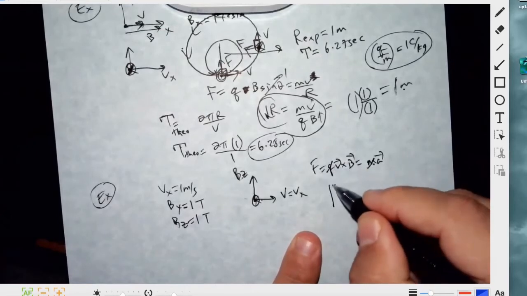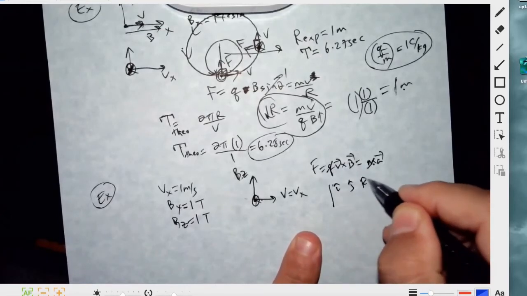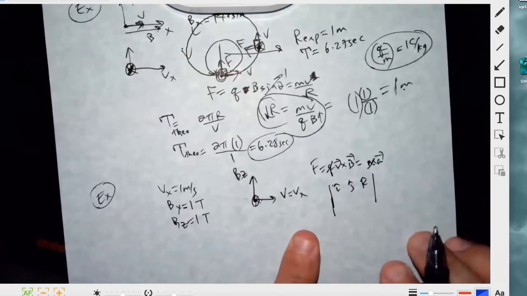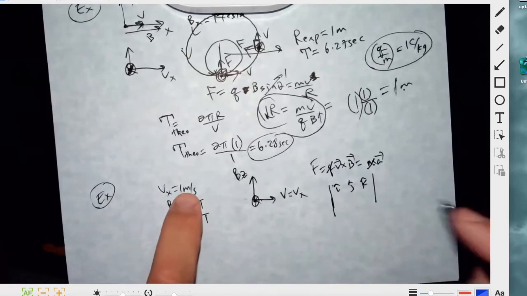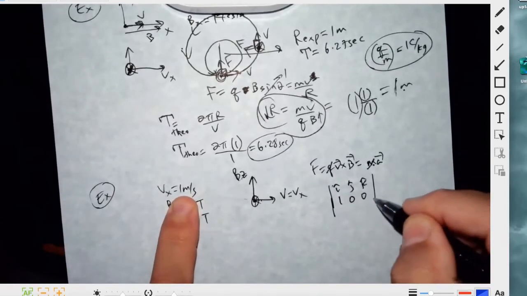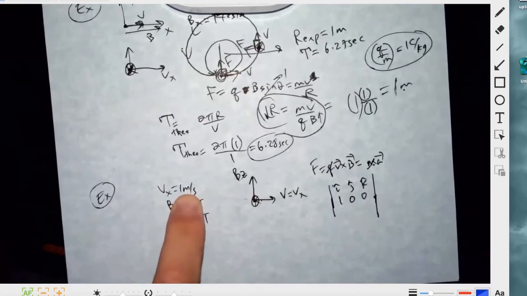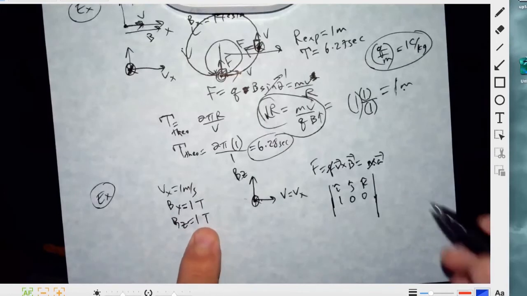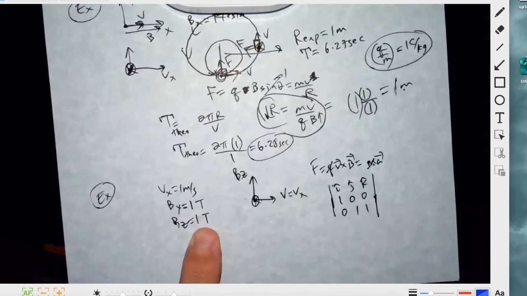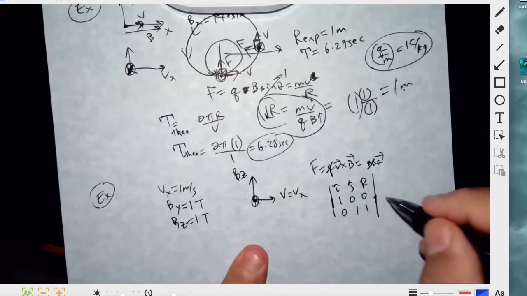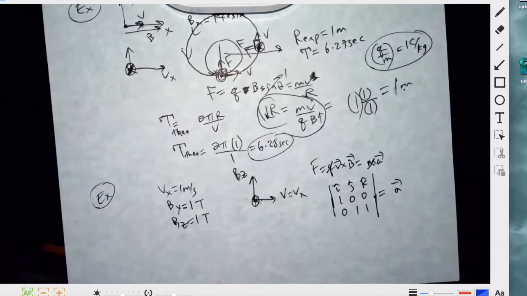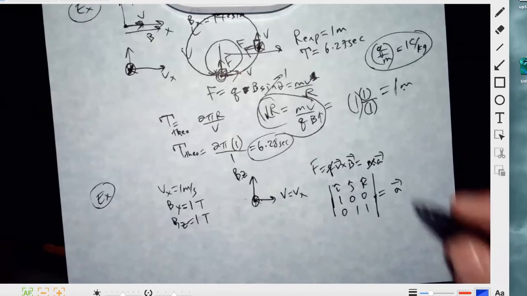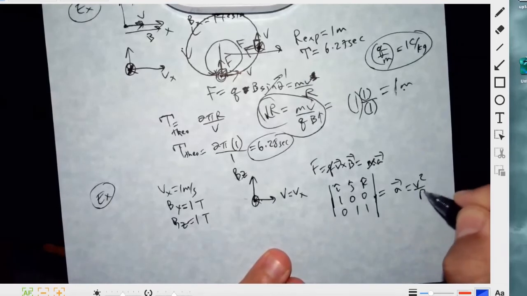And then the components of the V vector are 1, 0, 0. So that's how to do a general cross product. And the components of the B vector are 0, 1, 1. And then that's going to equal the acceleration, and that's equal to velocity squared over r.